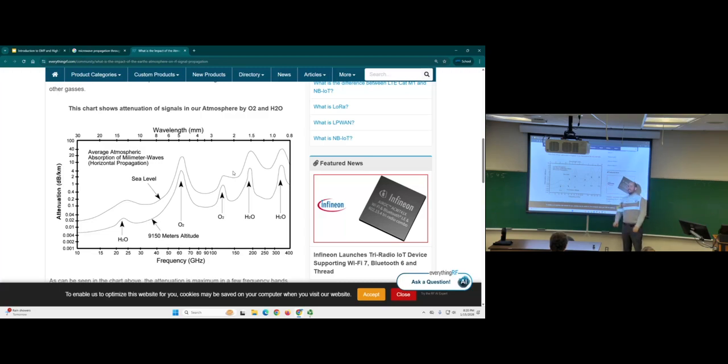Keep in mind, not all warfare happens on Earth. Once you're in space, this isn't a problem anymore, and you can just do whatever you want, which is fun. We have satellites in space operating at 300 gigahertz without a problem. But yeah, this is an issue, so it's something to consider with your design. This is why engineers get paid big money, because we basically get asked to just make things up as we go.